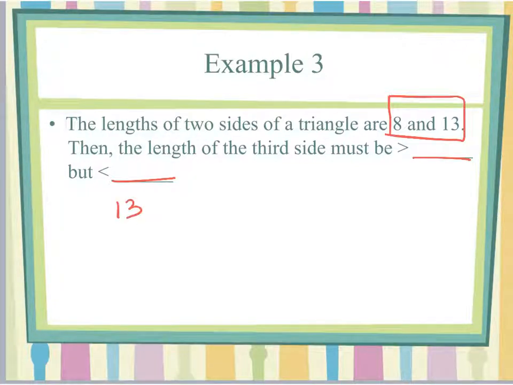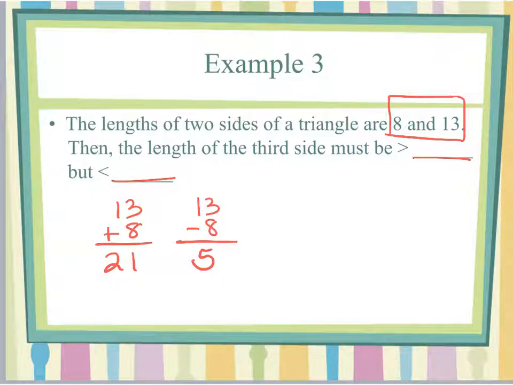We are going to add them, and we're going to subtract them. So when I add this, I get 21. When I subtract it, it must be 5. So the length of the third side of the triangle has to be greater than 5, but less than 21.